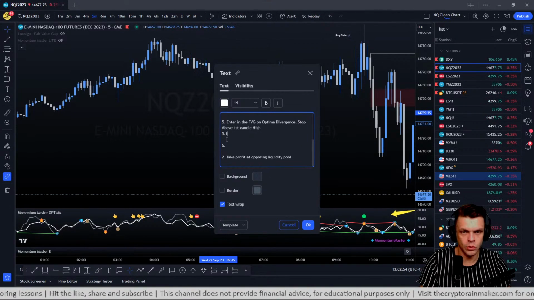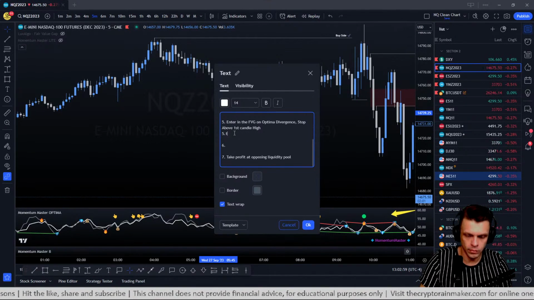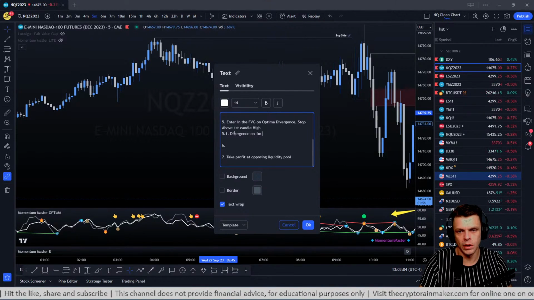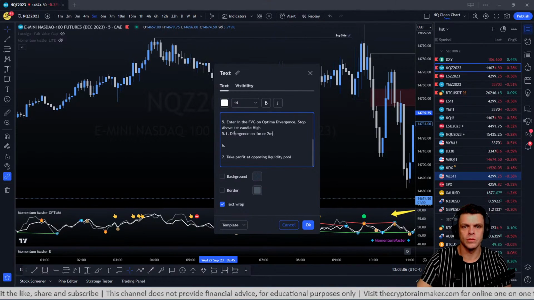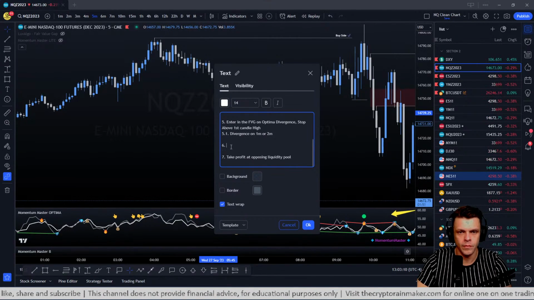And then the next one I'm going to just call 5.1 because it adds to the optima divergence. So the divergence on 1 minute or 2 minute time frame. Do you want to see the divergence right there?